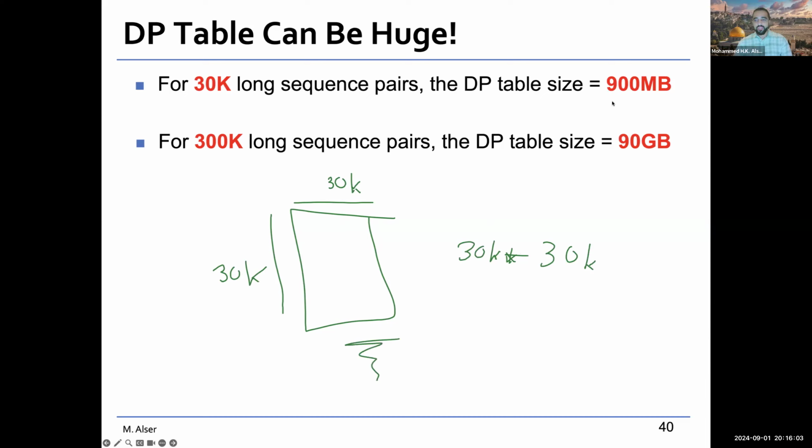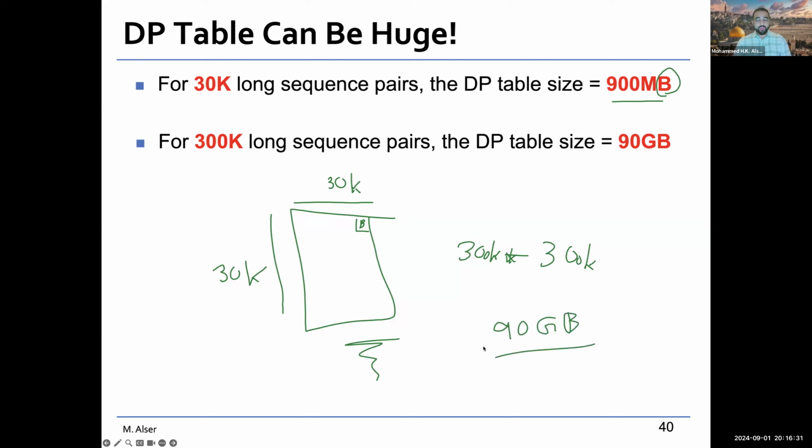And that will give you the number of cells that we need to calculate in here, right? That is basically 900 million cells, or bytes, assuming that each cell fits in 1 byte, okay? 900 megabytes. That's really huge. Think about sequences that are 300,000 long; that will give you about 90 billion bytes.